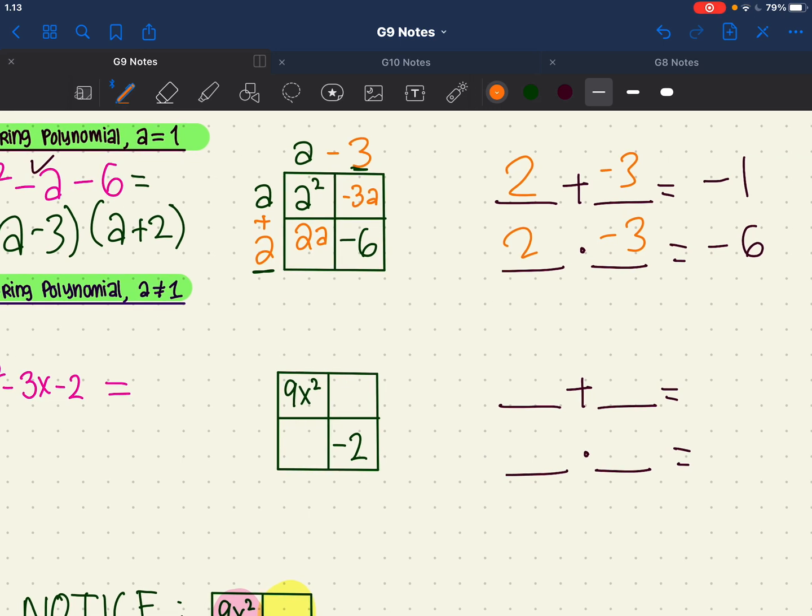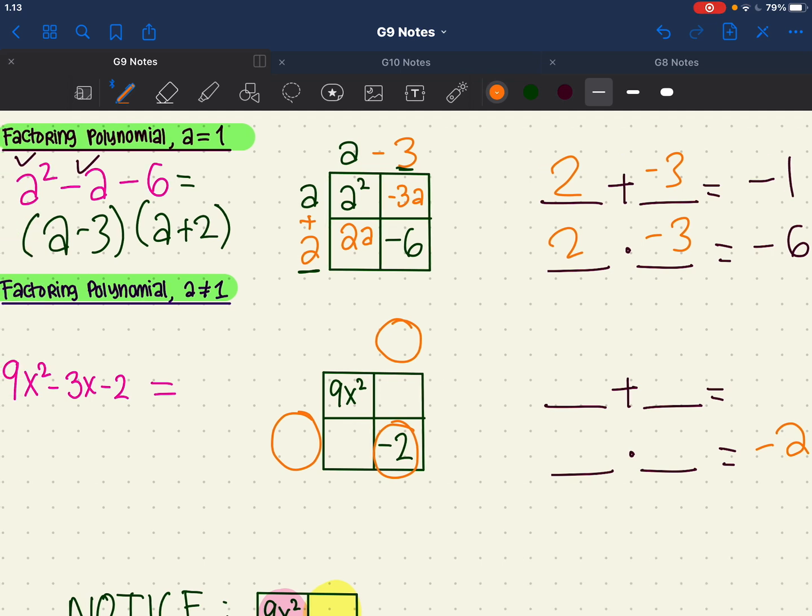So let's fill it out here. Again, we're looking for two numbers. When we multiply them, it will equal -2. And we're also looking for the same two numbers. If we add them up, it will equal -3.